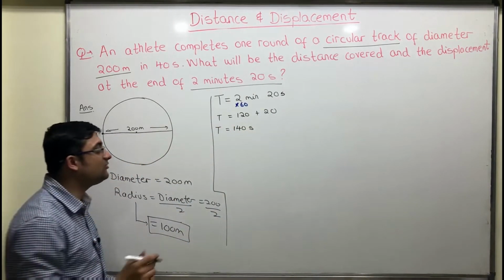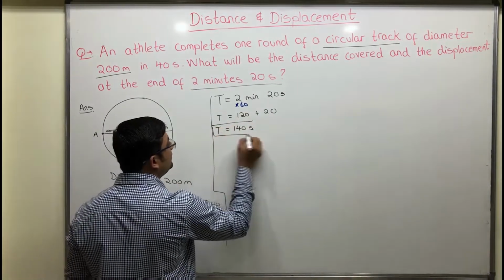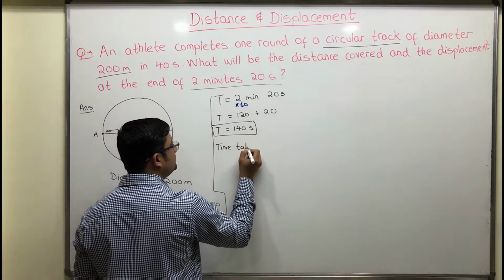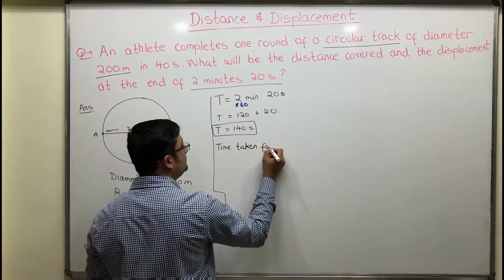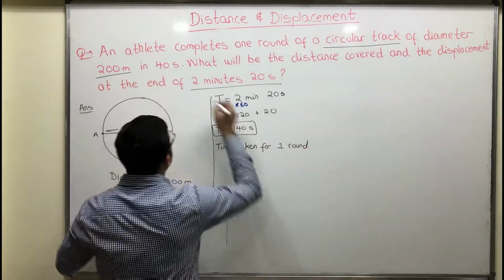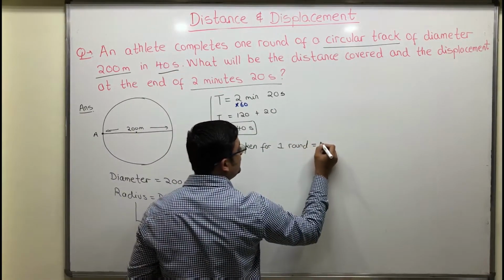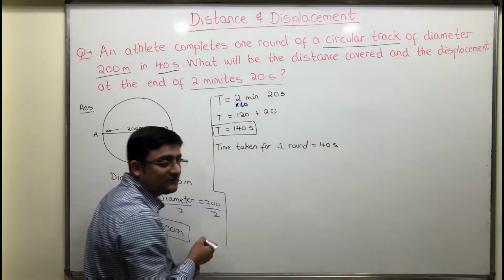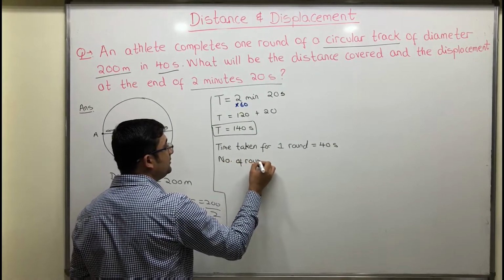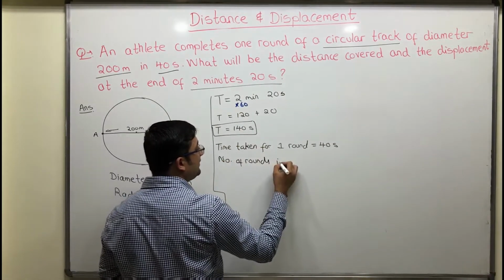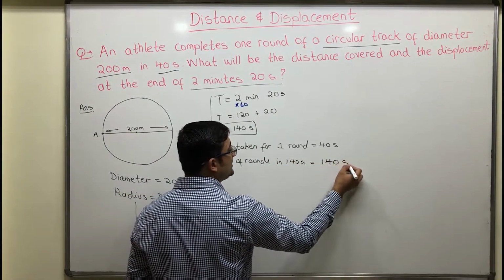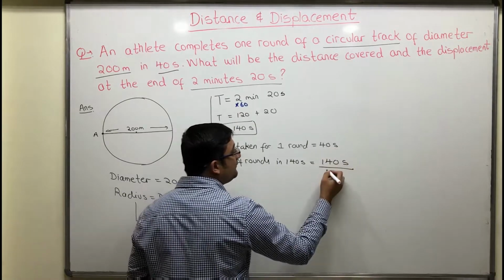Now the number of rounds covered. We have the time taken for one round, which is given to us as 40 seconds. So the number of rounds in 140 seconds is equal to the total time taken, 140 seconds, divided by the time taken for one round.